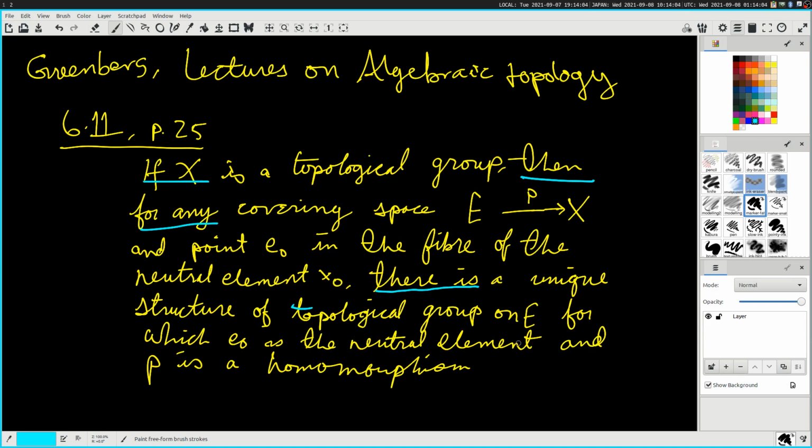You have to prove it's a topological group. And then it also has this property for which e naught is the neutral element and P is a homomorphism. So there's a lot of structure here, but there are some very primitive building blocks on which everything else is based.